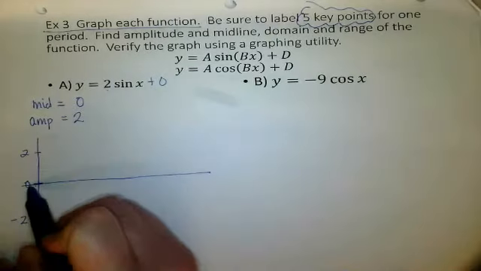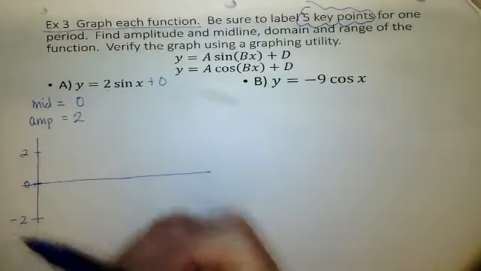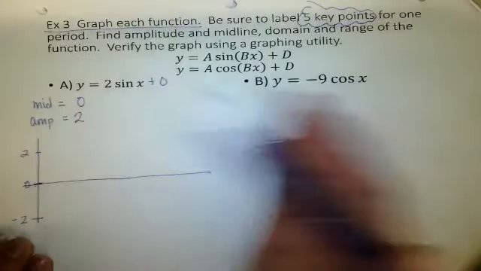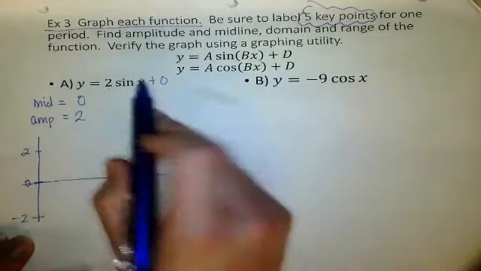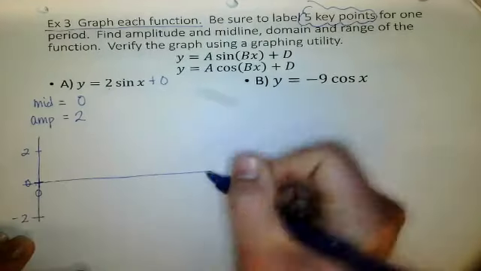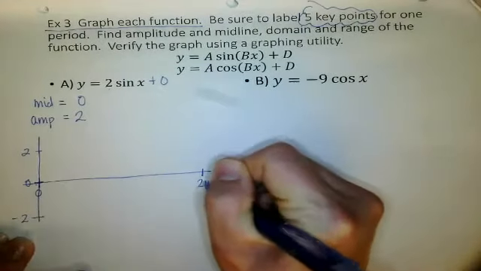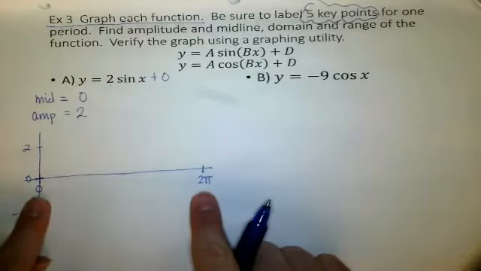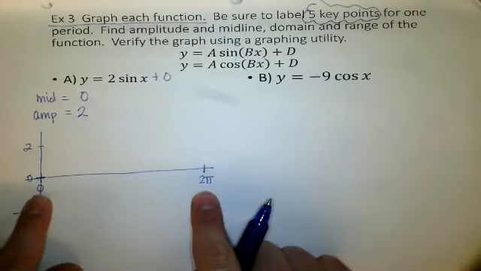Once I have my midline and my amplitude, that gives me all the information I need in the vertical direction, okay? We have a standard sine graph which starts at 0 and ends at 2 pi. What's halfway between 0 and 2 pi? 1 pi.